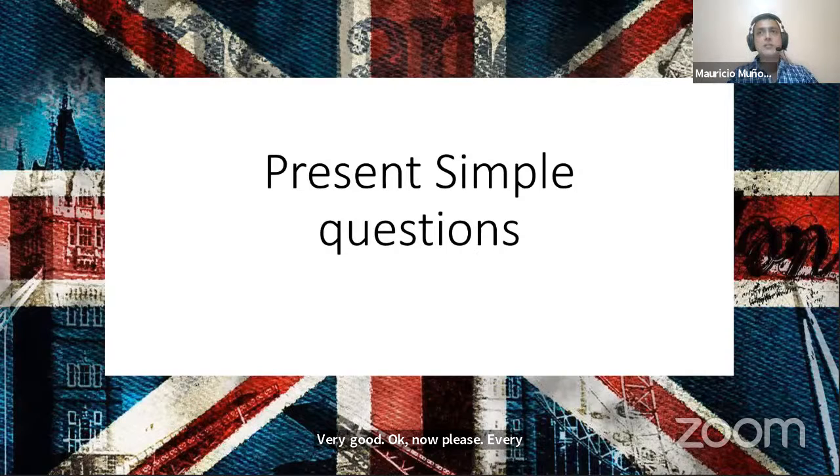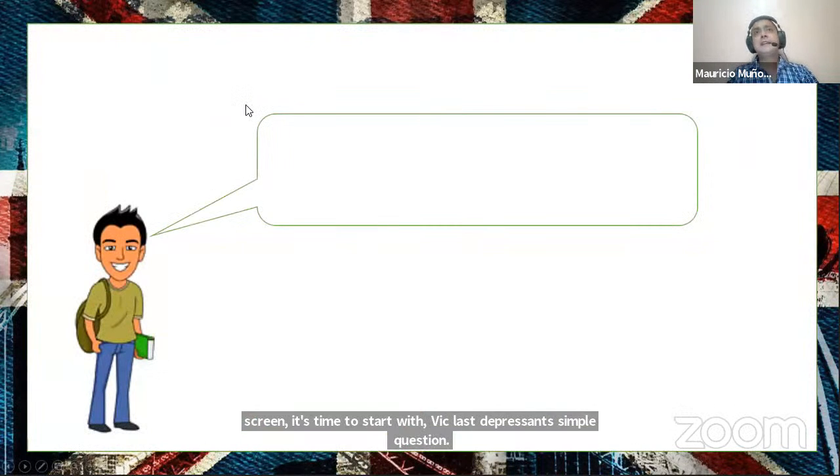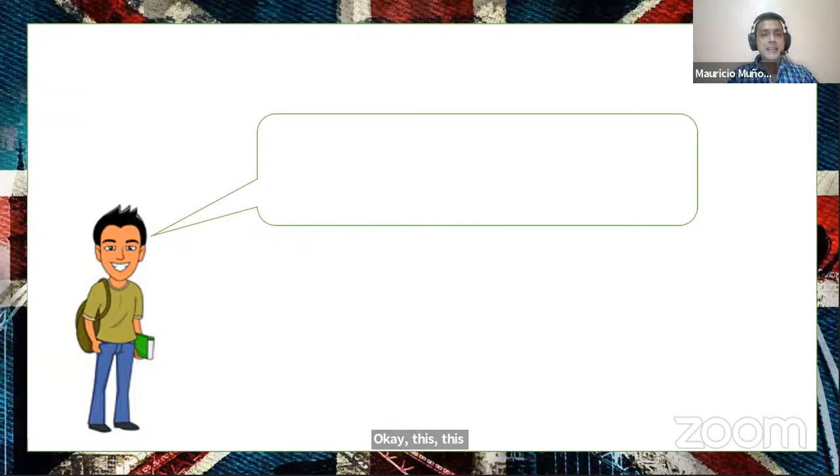Now everyone focus on your screen. It's time to start with the class, the present simple question. This is Mick once again, and he's going to help us understand the simple present questions. As you know, this is the structure of the sentence.